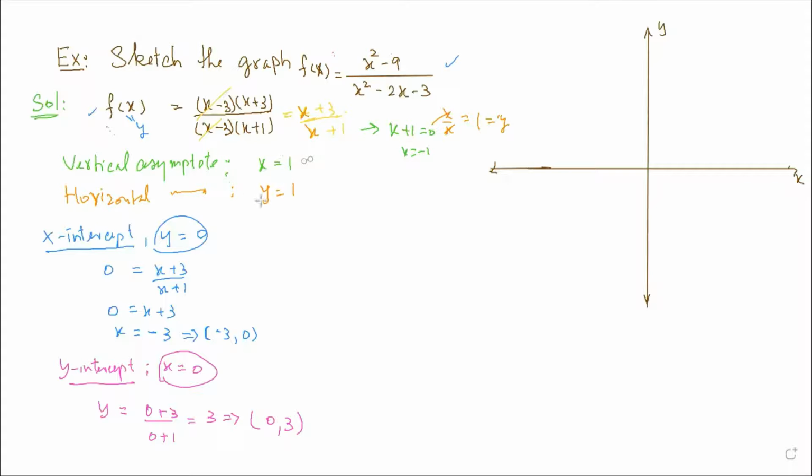Okay, x equals 1, or negative 1, sorry. This one is negative 1. Okay, we start to plot the vertical asymptote negative 1, right? Negative 1 should be somewhere here, and write it down.